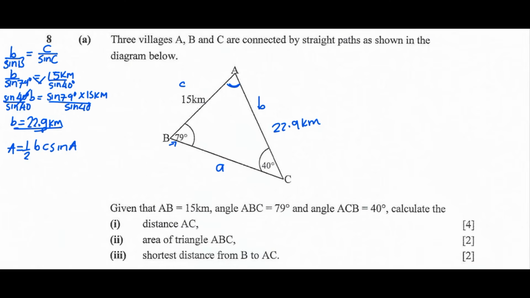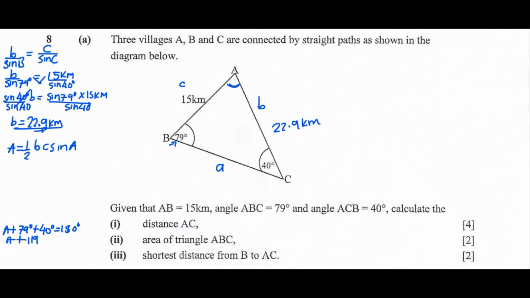So if we want to show our working, we can do this. You can say we are finding angle A plus 79 plus 40 is equal to 180. So 79 plus 40 is giving me 119.